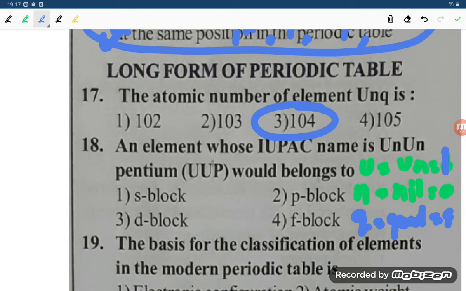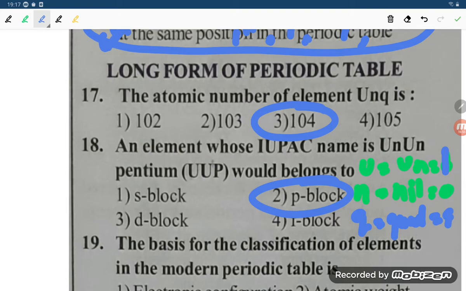So Uup means 115. Now which block does Uup belong to? Uup will go into the p block elements.